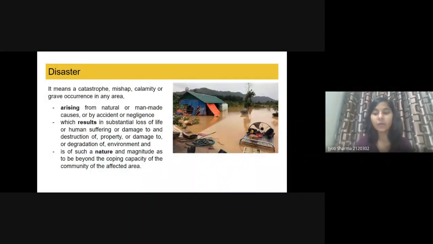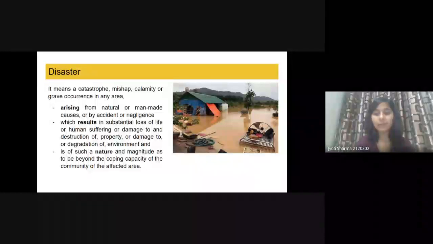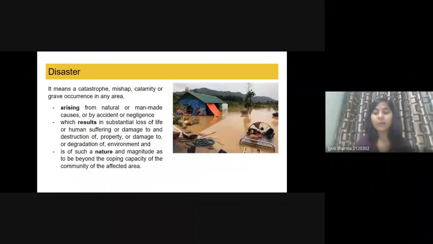So we will not call it a disaster, because people, wildlife and other things are under control and are not being affected by such events. A disaster is when these events impact human life socially, economically, from every perspective. So this is the disaster.